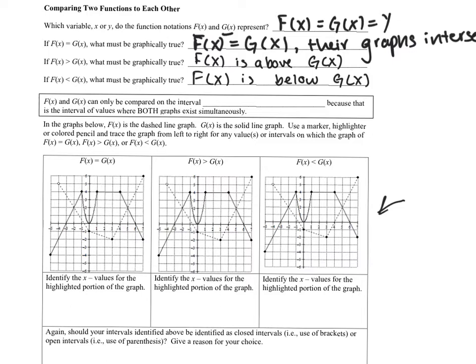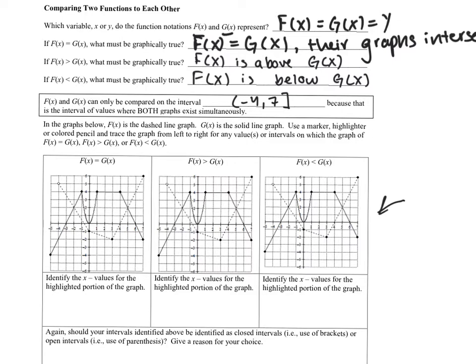The domain for g of x is -5 to 7, but f of x is -4 to 7. So these two functions together can only be compared on the interval -4 to 7, because f of x lies within g of x when we're looking at the functions graphically.